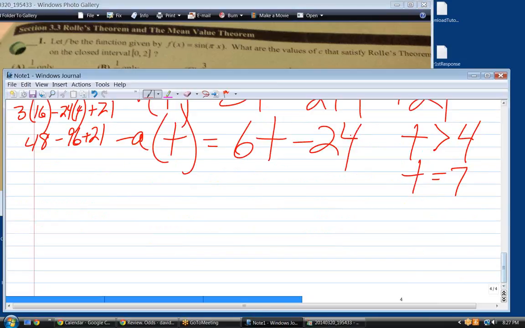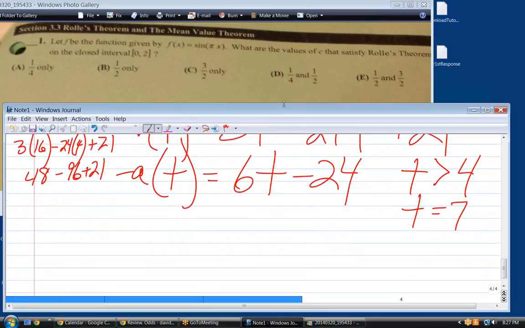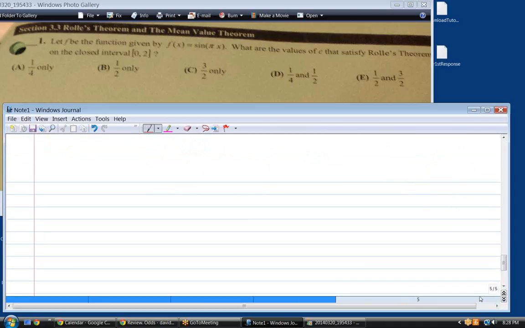All right. What do we got here? What are the values of C? I used to hate these questions, but I don't think I hate them anymore. What are the values of C that satisfy Rolle's theorem on the interval 0 to 2? Rolle's theorem, isn't that it's 0, the derivative is 0.